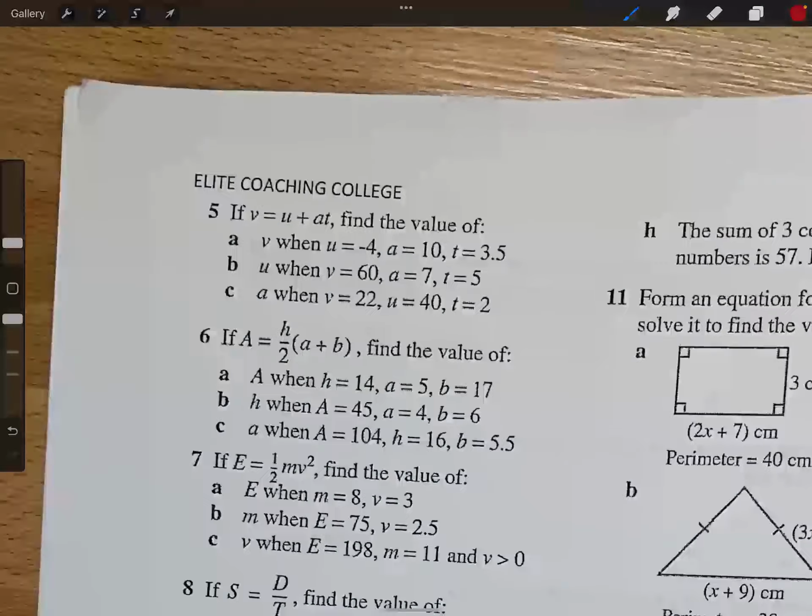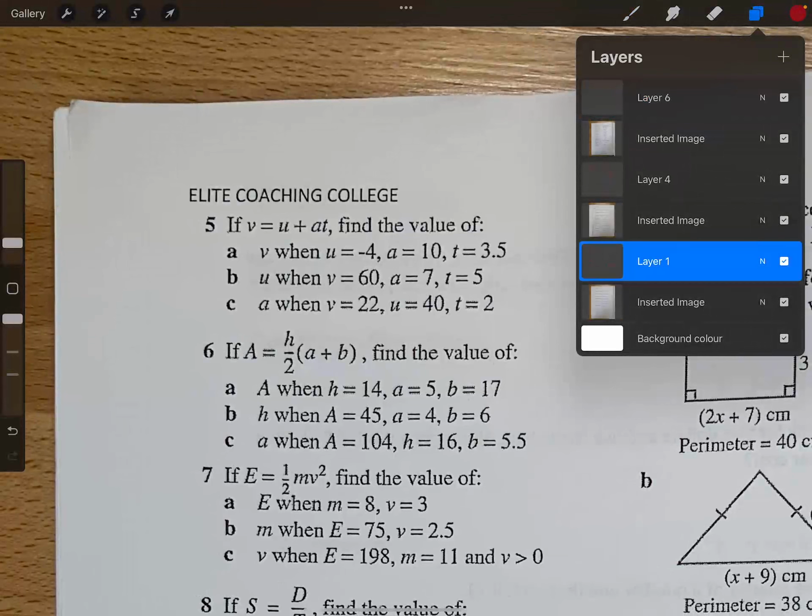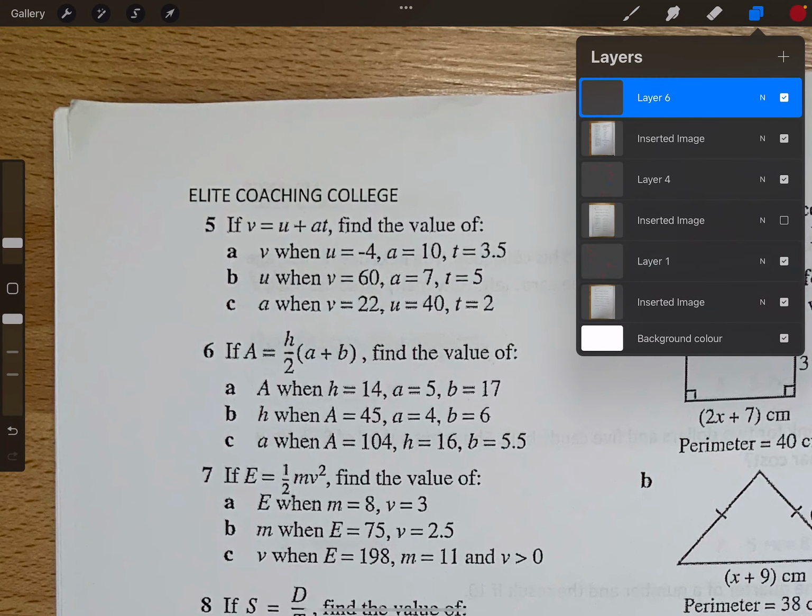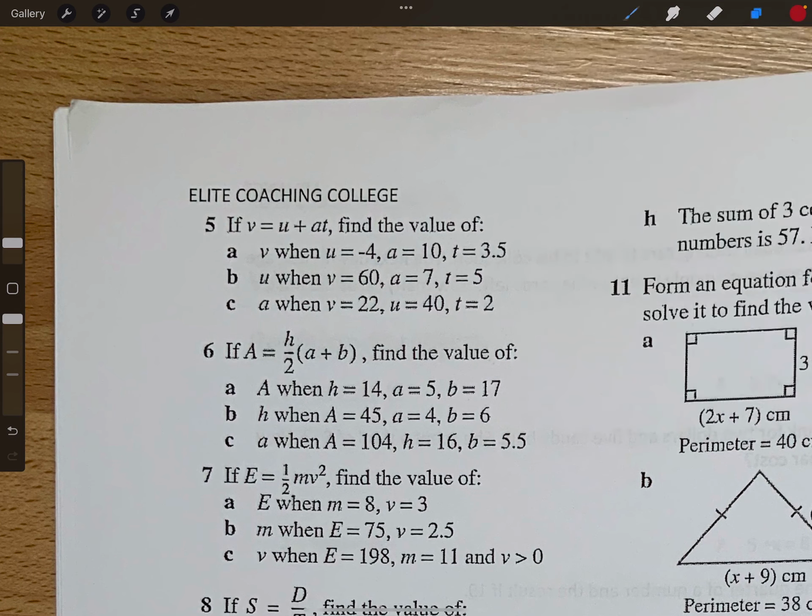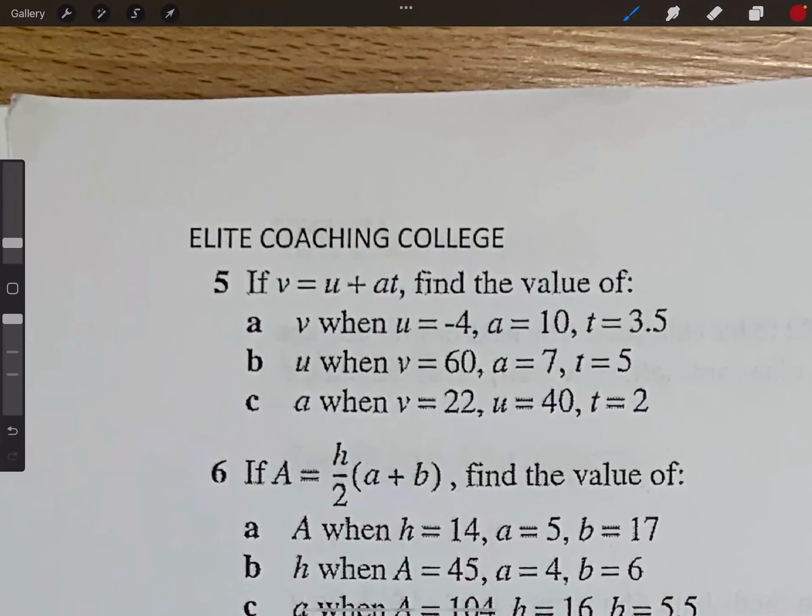So, v is equal to u plus at. Now, u is said to be minus 4, so that's v equals minus 4 plus a, which is 10.